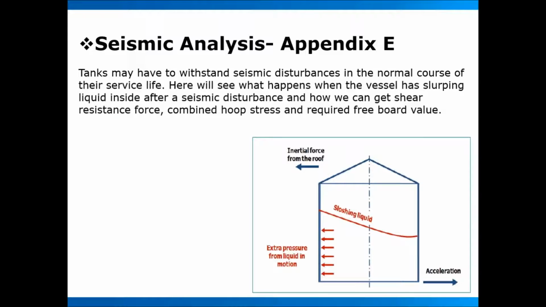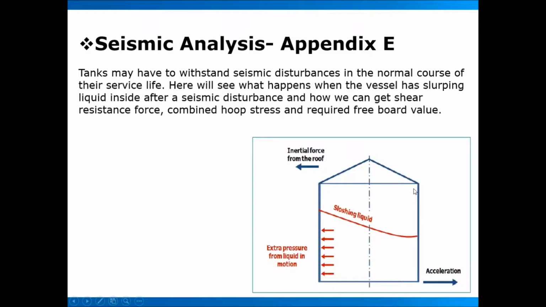Here we will see how we can calculate what happens when the vessel has sloshing liquid inside after a seismic disturbance, and how we can get the shear resistance force, combined hoop stress, and the freeboard value.